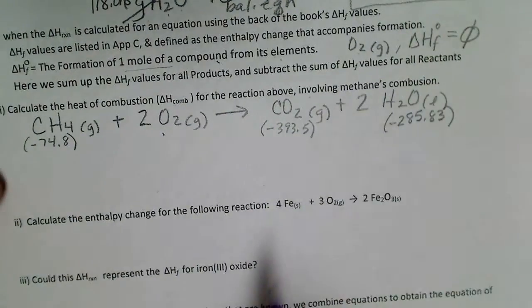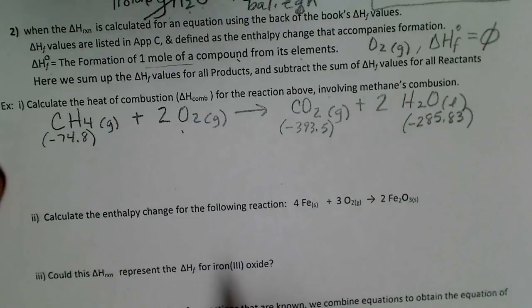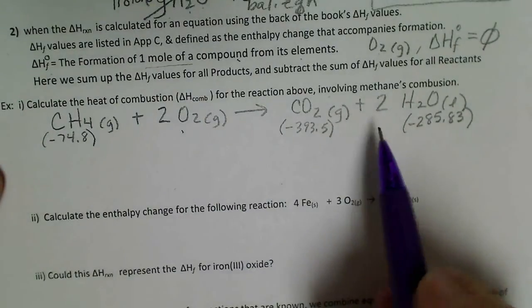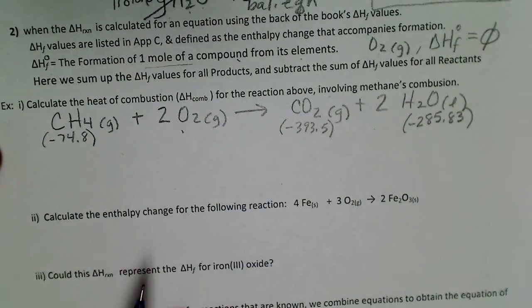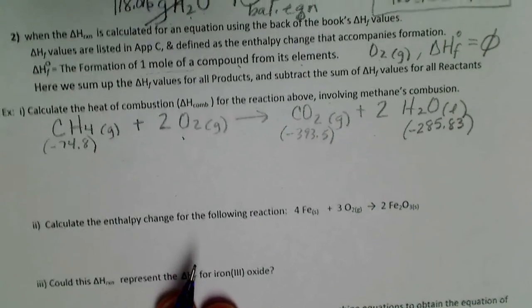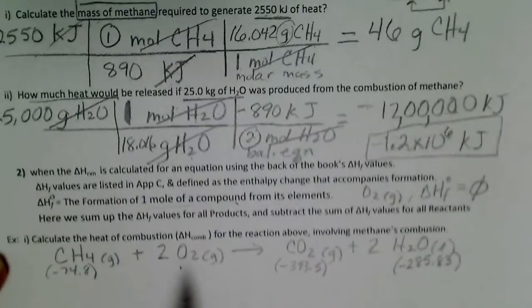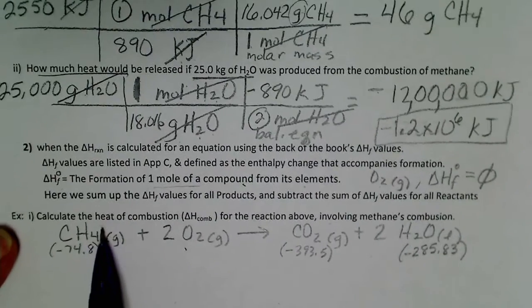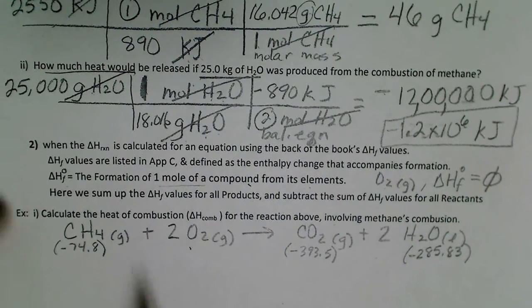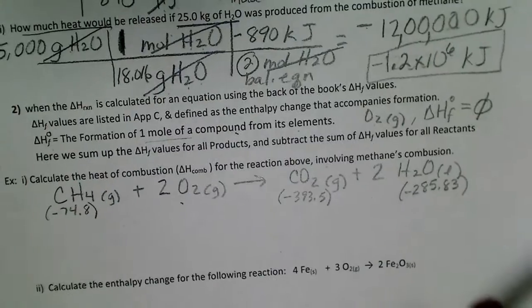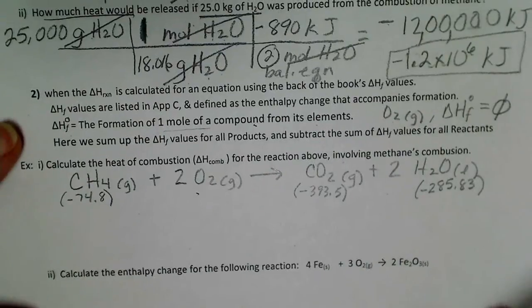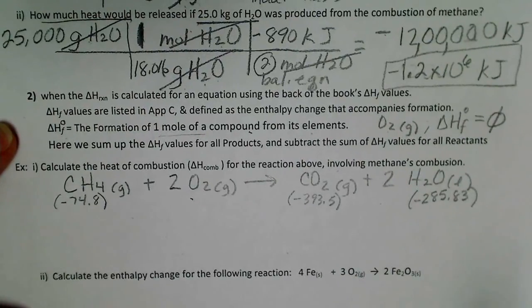Okay, so what we're going to do here is take products minus reactants. So that is the second case of calculating the delta H values, when we use values from the back of the book.